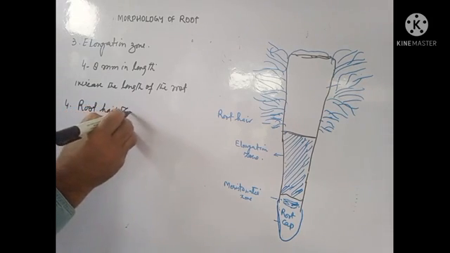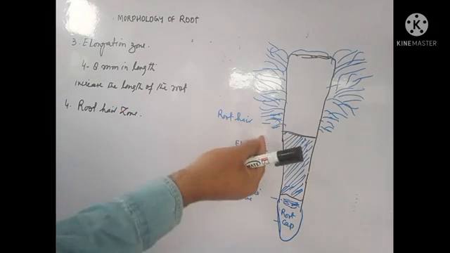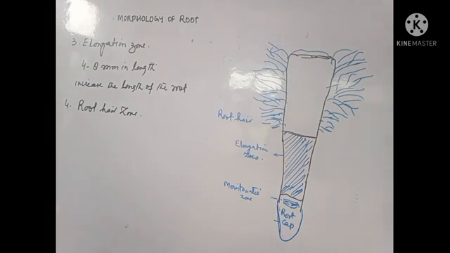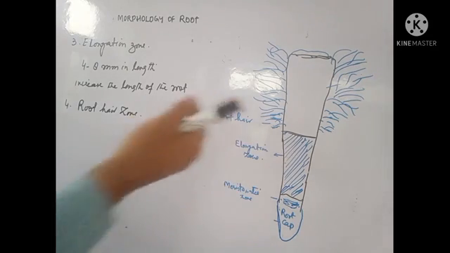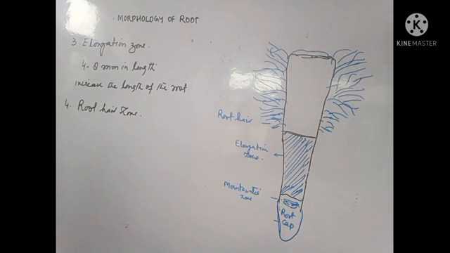That is root hair zone, as you can see here. It is the zone of maturation, or we can say differentiation. It is about 1 to 6 cm in length, and most of the water absorption occurs here.